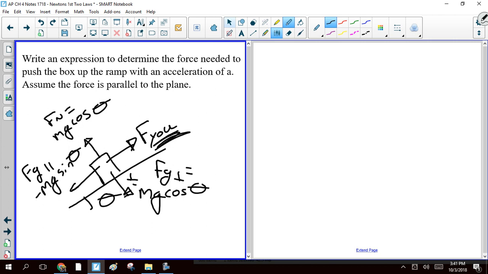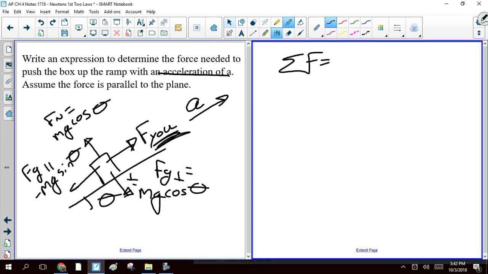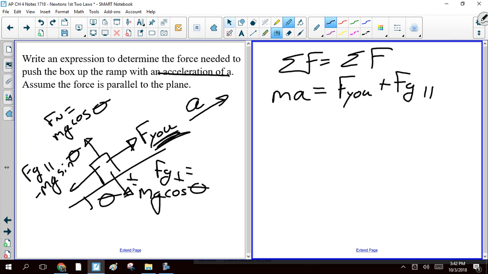All right. The other thing that we know is we want our acceleration to be a up the ramp, right? And we want to write an expression for the force of u. So we're going to start out the same way we always do in these problems. Net force equals ma. So the net force on the object has to be the mass times the acceleration. Our net force in this problem is simply the force of u plus Fg parallel.